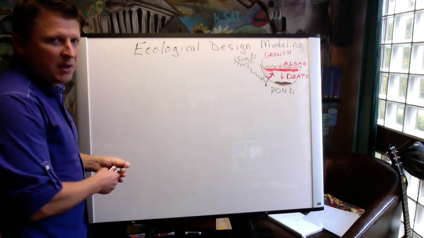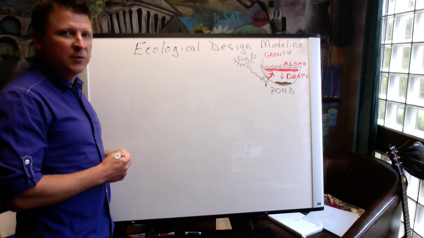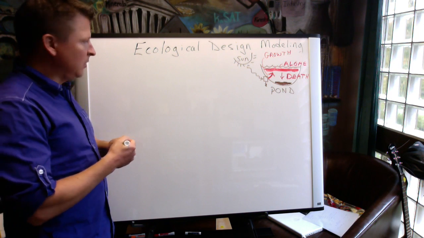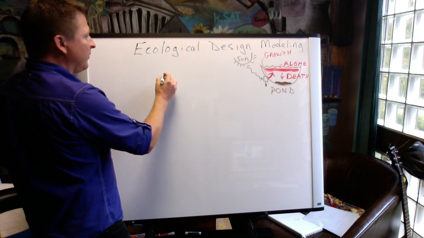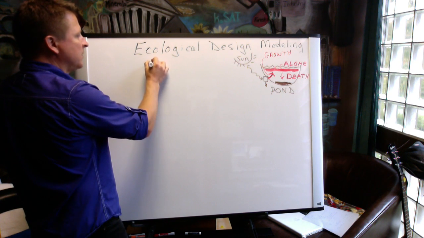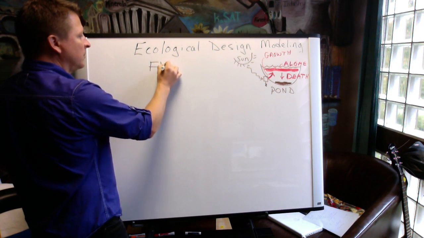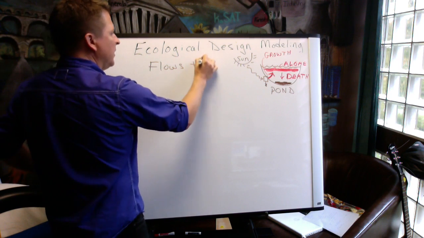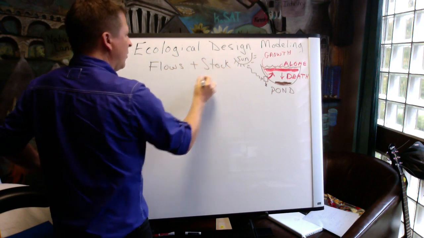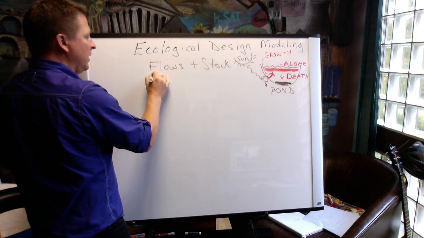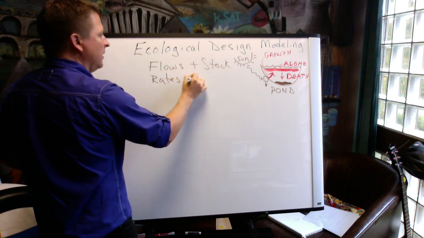And this becomes the basic premise for the types of modeling that we will be doing in here, where we have stocks and flows. So we have flows and we have stocks, or sometimes called rates and states.